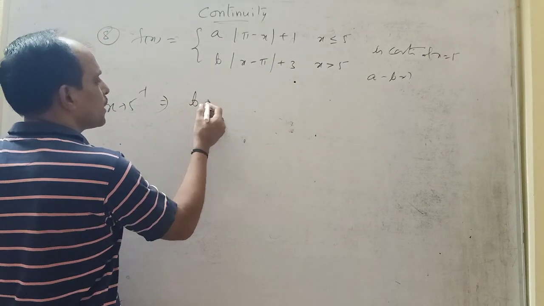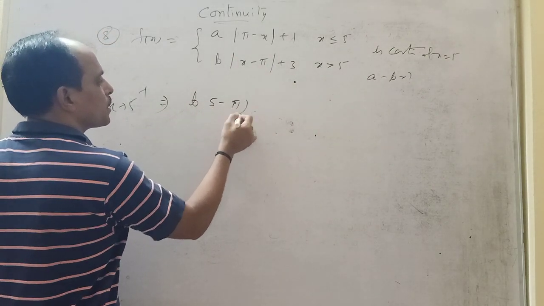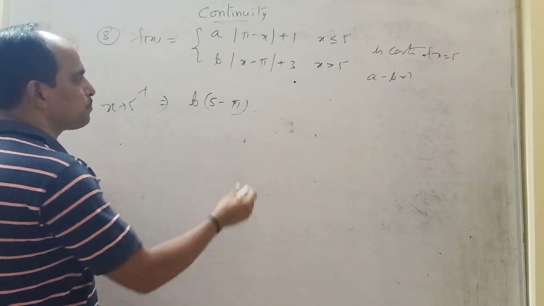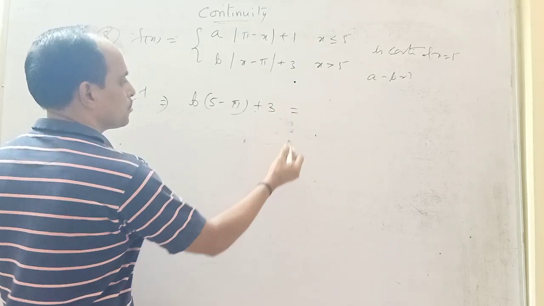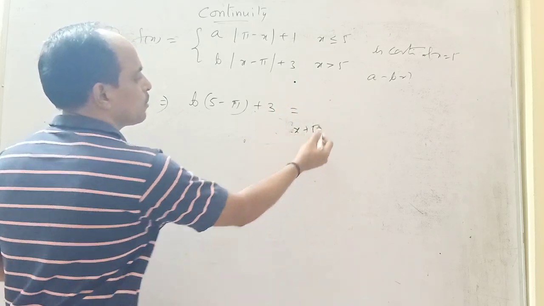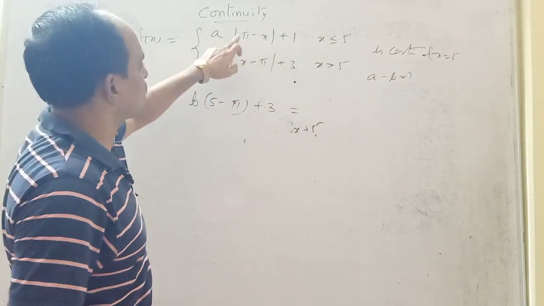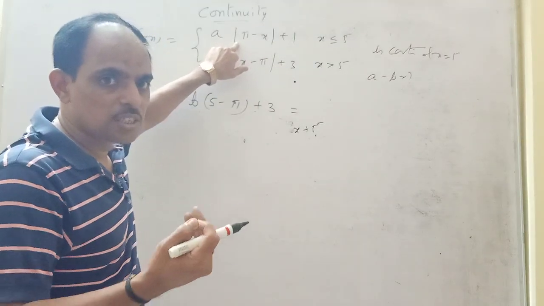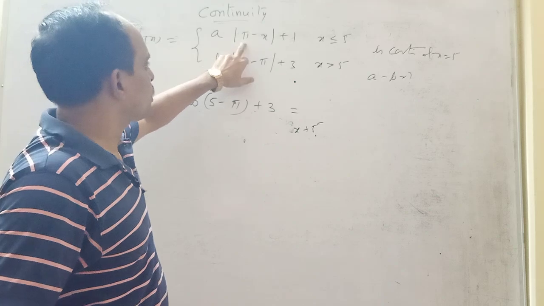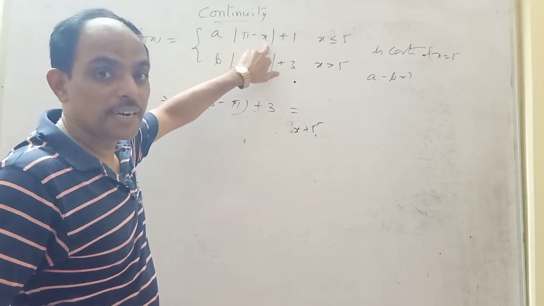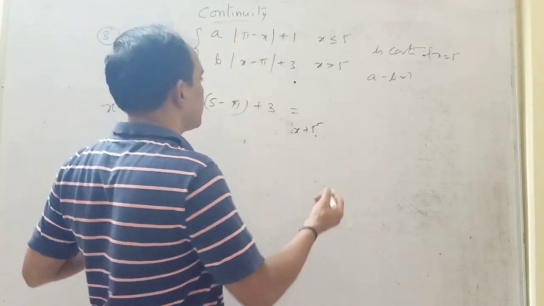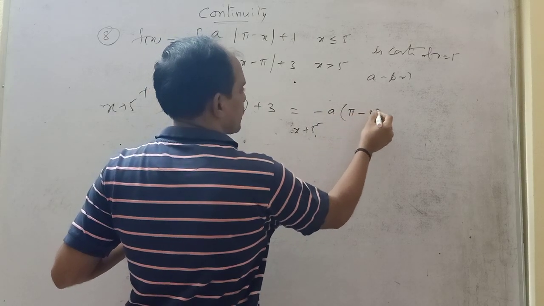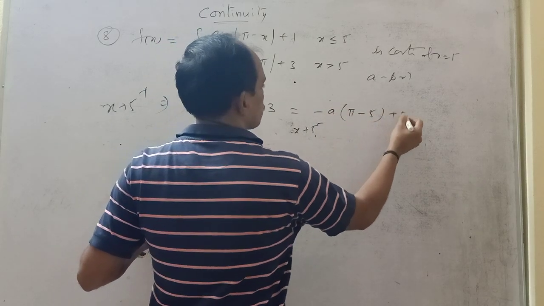Now I am going to write it like this: x minus pi plus 3, I am going to write 5 minus pi plus 3 is equal to 5 minus. What about the 5 minus value? This is the function for 5 minus. 5 minus means just take 4.9, just less than 5. So 3.14 minus 4.9, you will get negative. Negative means minus a of pi minus x, where x means 5, plus 1.